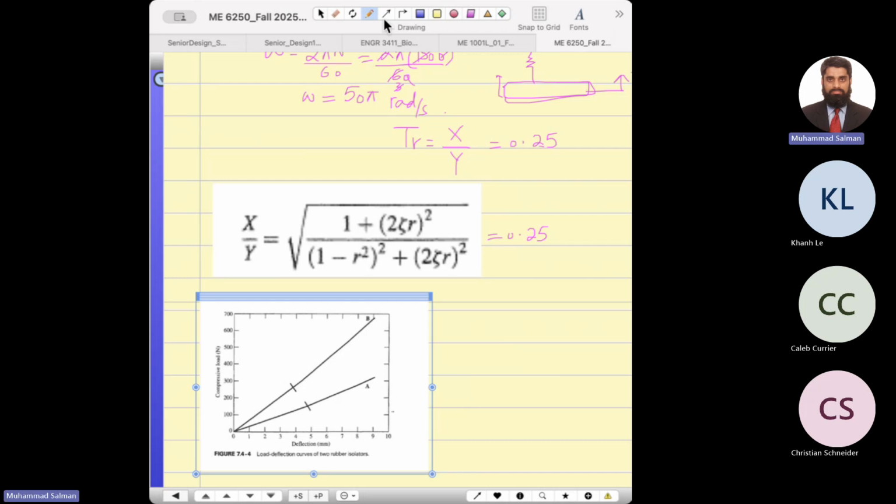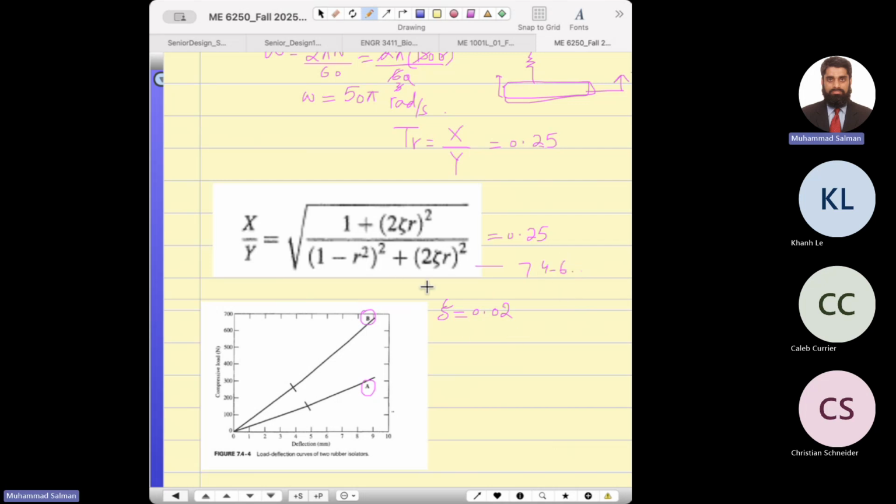So isolator A is this line, isolator B is this line. Assuming the damping ratio is this, you can assume from equation 4, but this is my equation 7.4 dash 6.